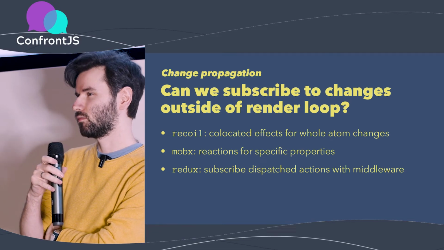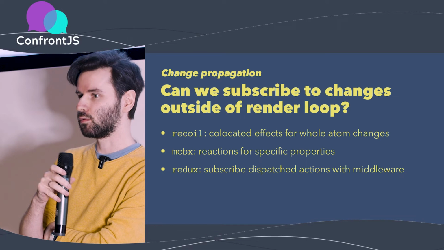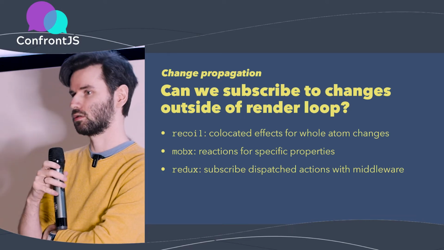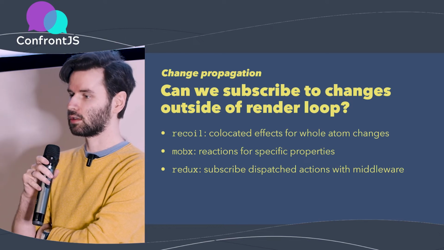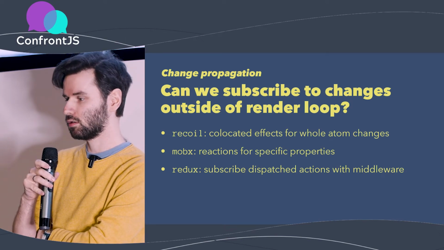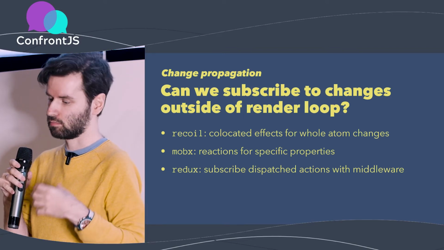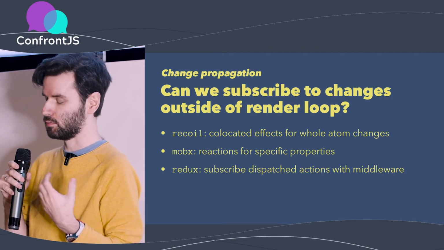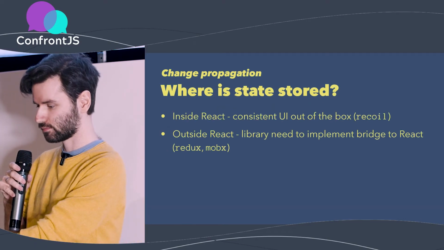So we need to have more knowledge about our domain. We need to know which actions affect which parts of the state. But in return, we get more information in our handlers. We have this intent, why something changes. We can do some optimizations there or some decisions.